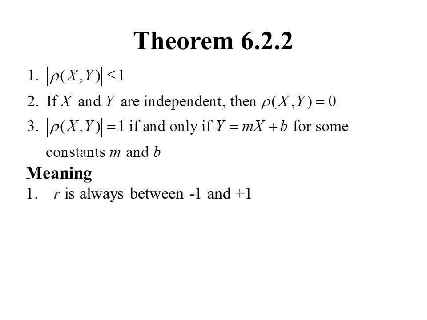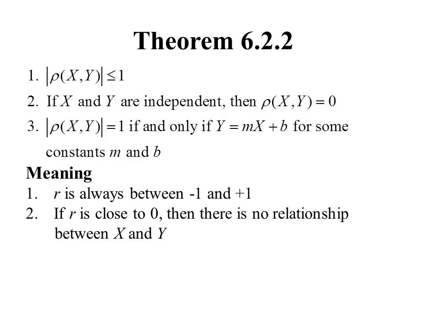So what this theorem means in practical terms, number 1, rho is between -1 and +1, means that r is always between -1 and +1. Number 2 says that if r is close to 0, then there is no relationship between x and y.